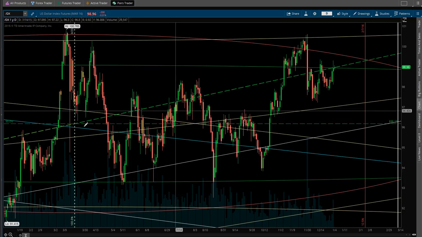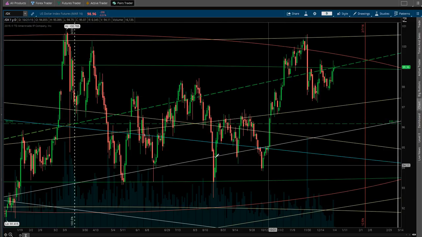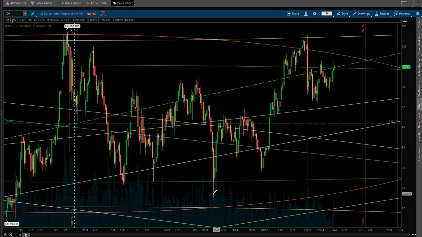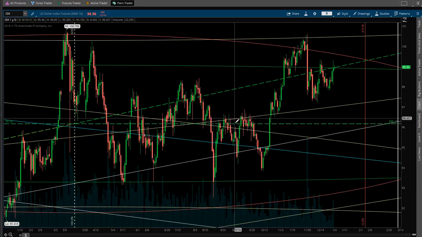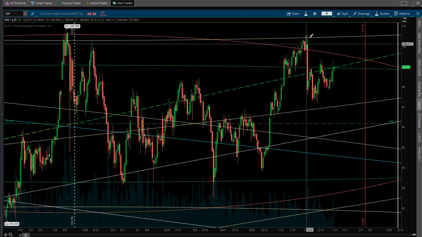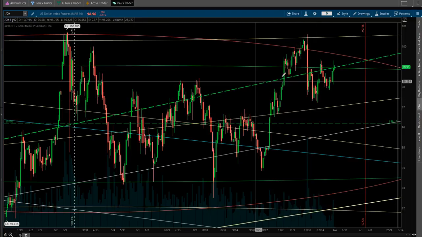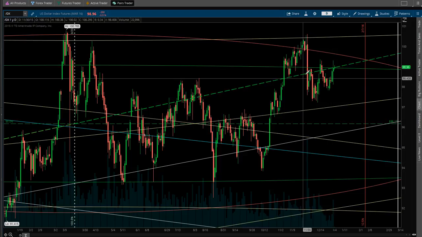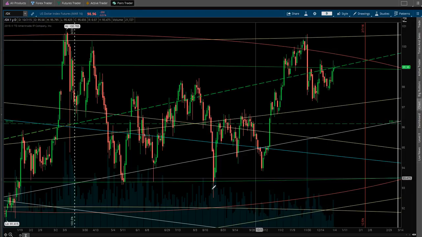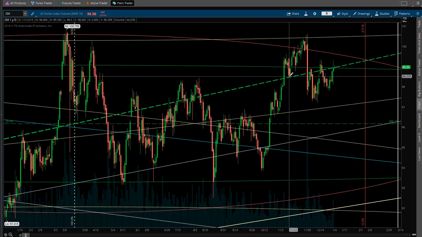You can see that it's been chopping around. I've been buying dips. You can see that the low was here, 824. Just been back and forth. Right here it got a nice little pop, sold off, and it's grinding higher. It's not like it's going lower and taking all these out, but I'm still long from here.